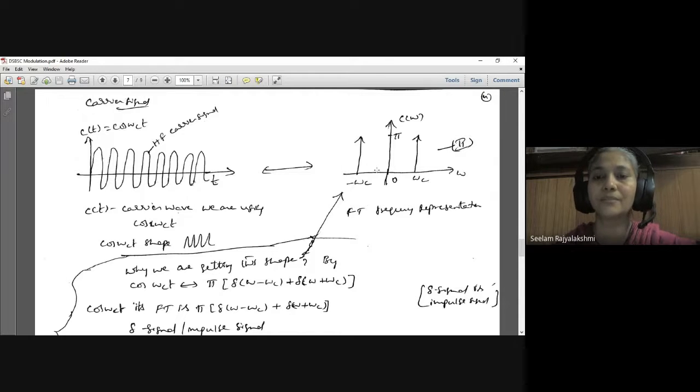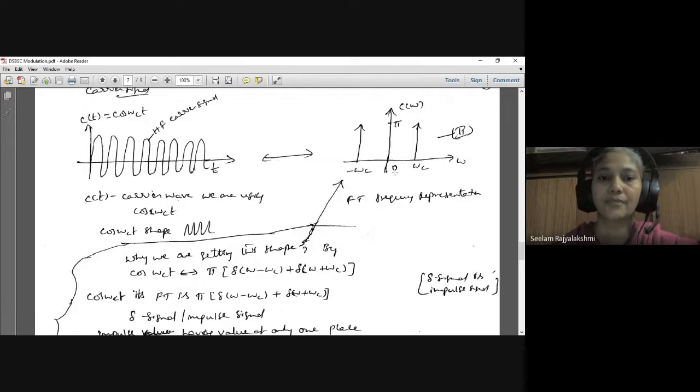Whenever we use the Fourier transform, here we have the Fourier transform frequency representation. Here this is the origin, this is omega c, this is the frequency axis, and the earlier one was the time axis. Here we have pi. Let us see why we get this shape.